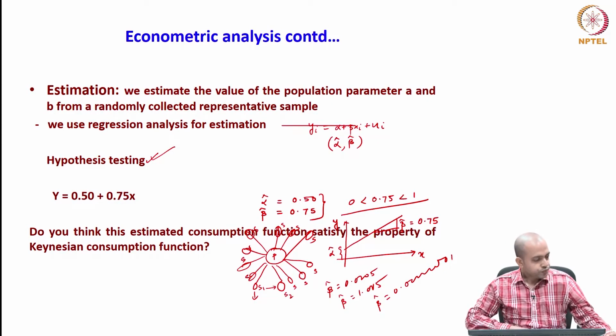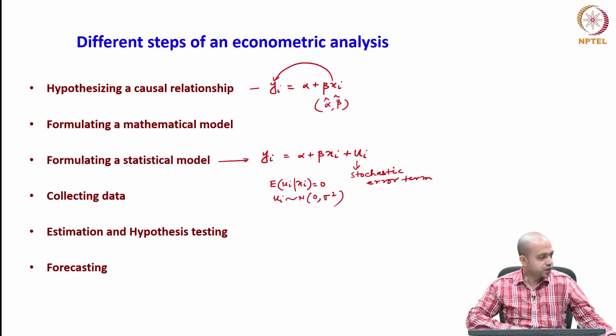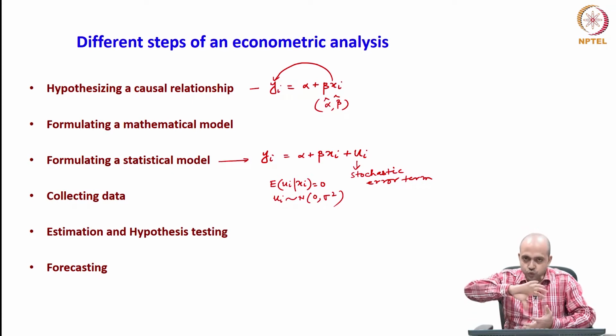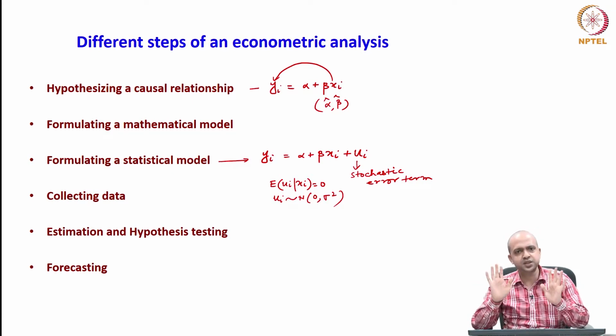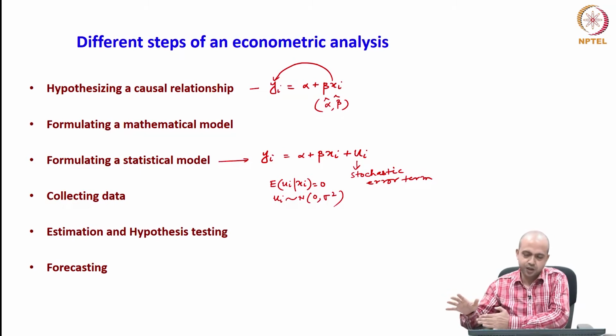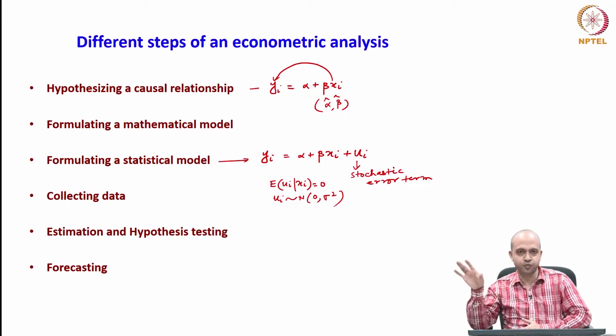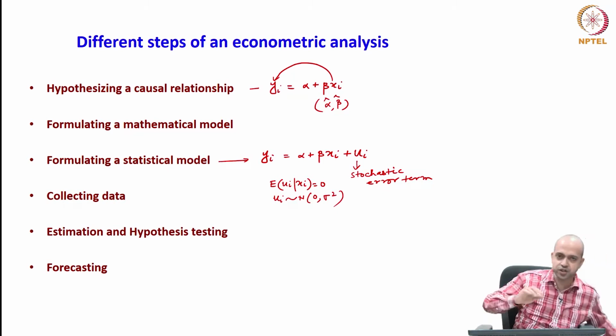Now, once you go for hypothesis testing, if you recall, what is our next step? Forecasting. Instead of forecasting, I would say prediction, since we are going to use cross sectional data. So, with hypothesis testing, you have now established that my beta hat is significant not only mathematically, but also statistically, because I have ensured that even if I collect another sample, my beta hat value will be significantly different from 0, and it is not by a chance factor.